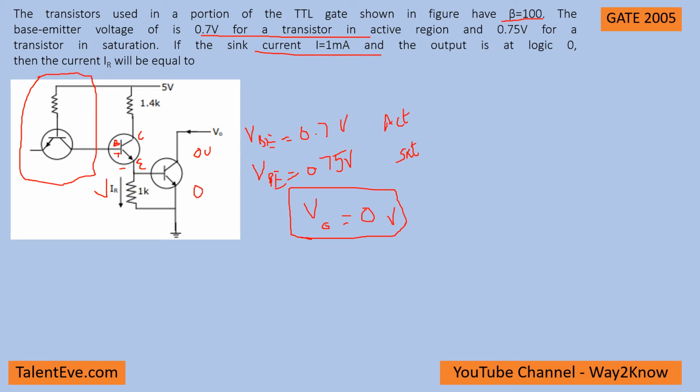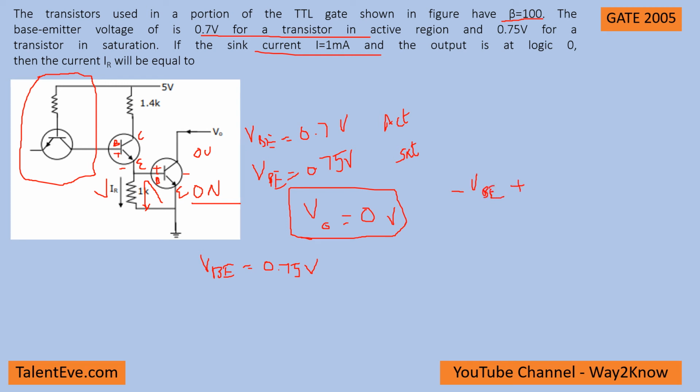That means this is in saturation. So if this is in saturation, as this is base, this is emitter, this is plus minus, VBE is 0.75 volt.